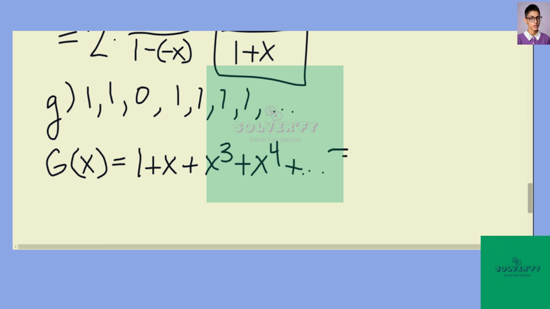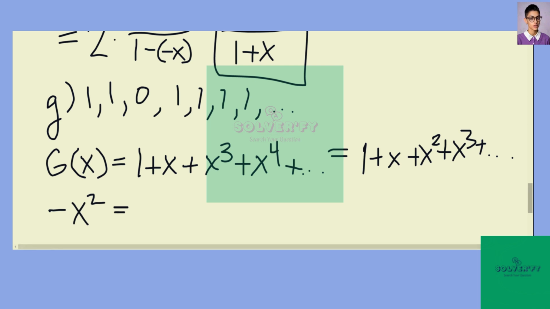This is equal to 1 plus x plus x squared plus x cubed, and so on, minus x squared. And by a theorem, we have that this first part is going to be equal to 1 over 1 minus x.